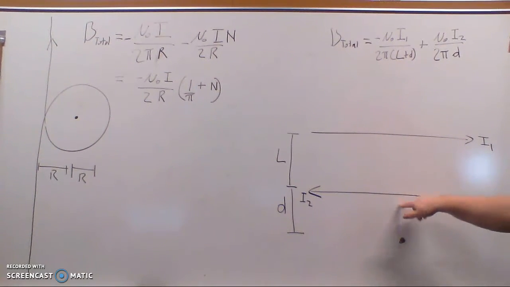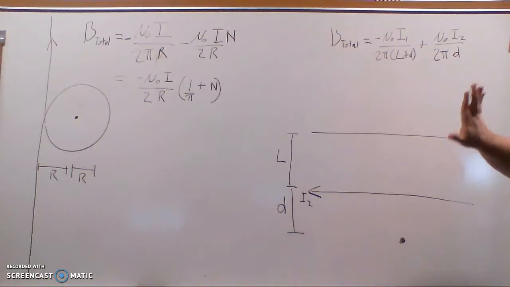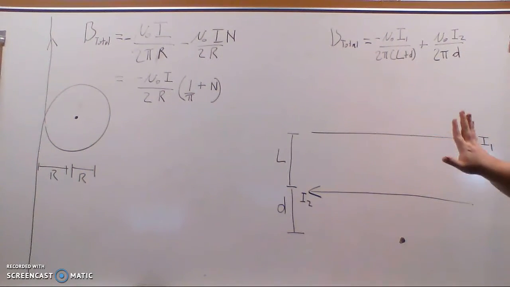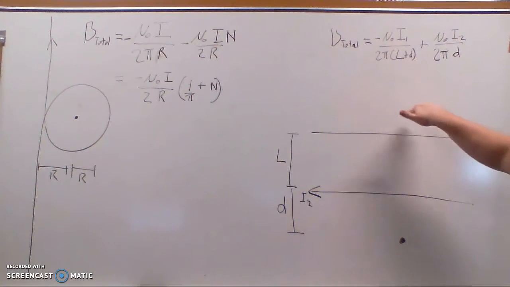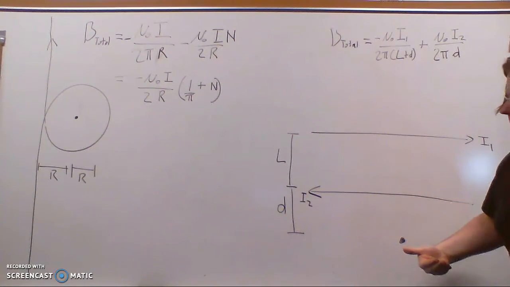This current, on the other hand, I run my thumb along this way, and so the magnetic field is going around this wire. So out here, that's creating magnetic field that's pointing into the wall, but down here it's creating magnetic field that points out of the wall.